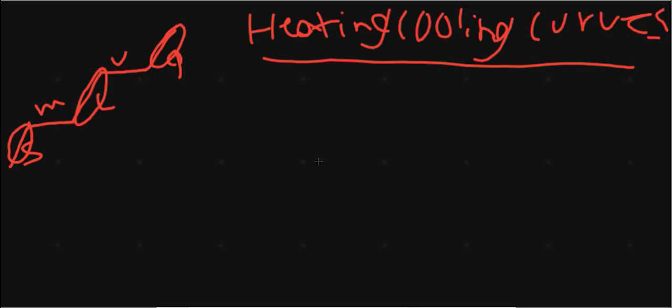But as you get more into the chemistry part of heating and cooling curves, you'll encounter M and V. They might change depending on how you're being taught, but they mean the same thing. These plateaus here represent phase changes. So either the M would represent a solid going into a liquid or a liquid going into a solid, and V would represent liquid going into gas or gas going into liquid.